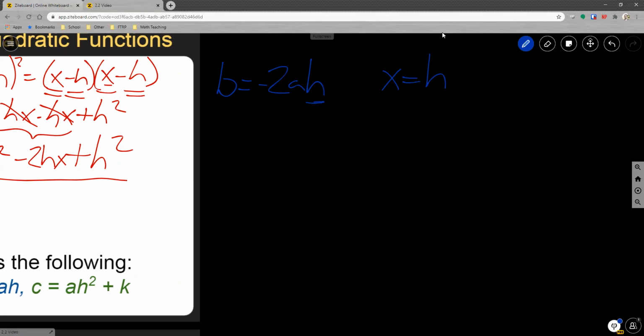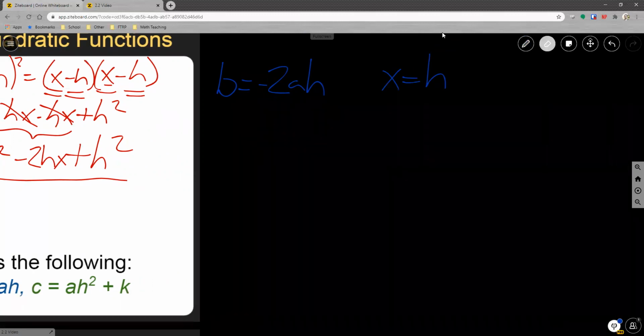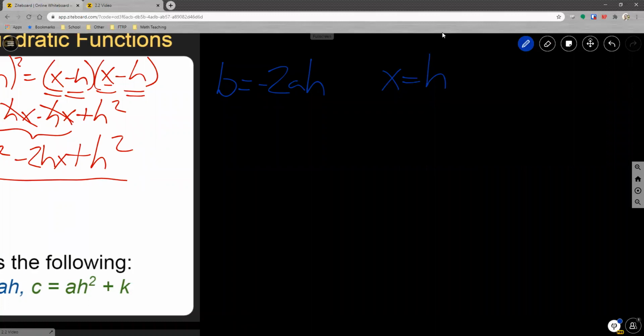So if I can solve for h, I can figure out my axis of symmetry. So if I'm in standard form, I can find my axis of symmetry just by dividing both sides of the equation by negative 2a. What that ends up doing is eliminating the negative 2a on the right side, and I get b over negative 2a equals h.